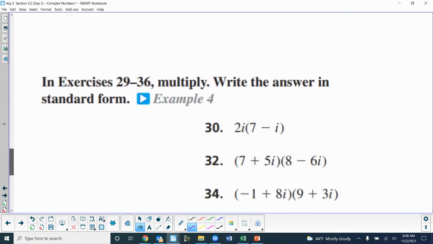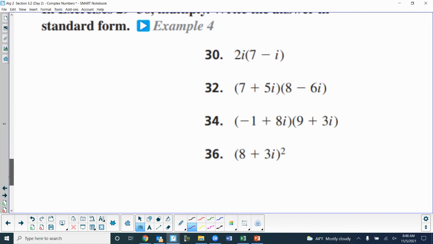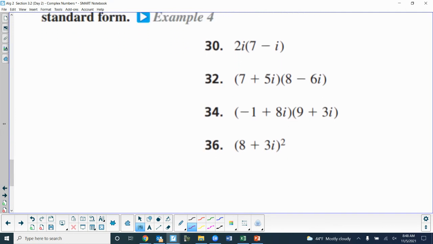And then distributing and FOILing. And then that last one, remember, means 8 plus 3i times 8 plus 3i. Just write it twice and FOIL it, like you did 32 and 34. Okay, remember your i squareds, you're going to change to -1 times whatever's in front of you. All right, no questions? Simple, right?